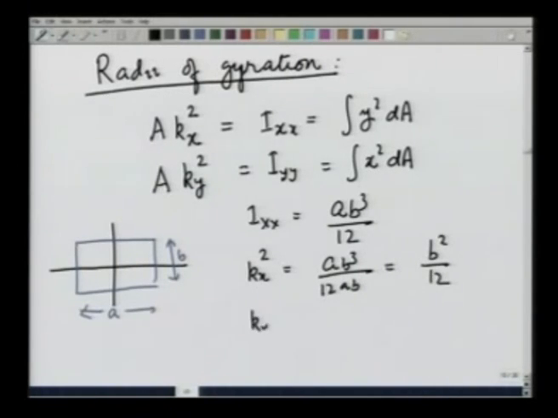Similarly, ky square is going to be a square over 12, and from these, the radii of gyration about the x-axis and the y-axis can be calculated.